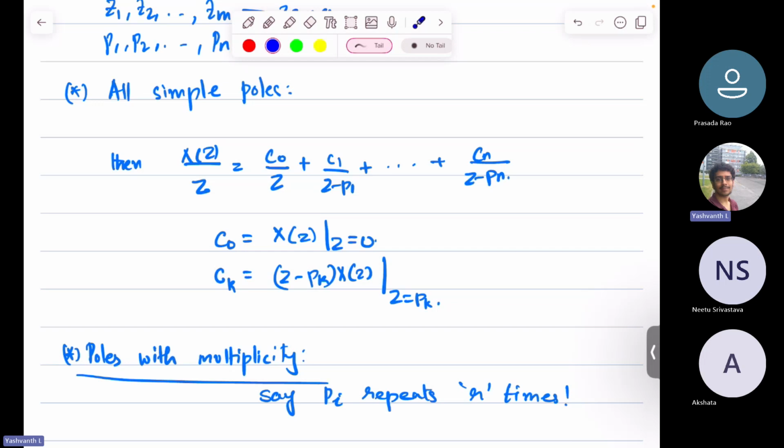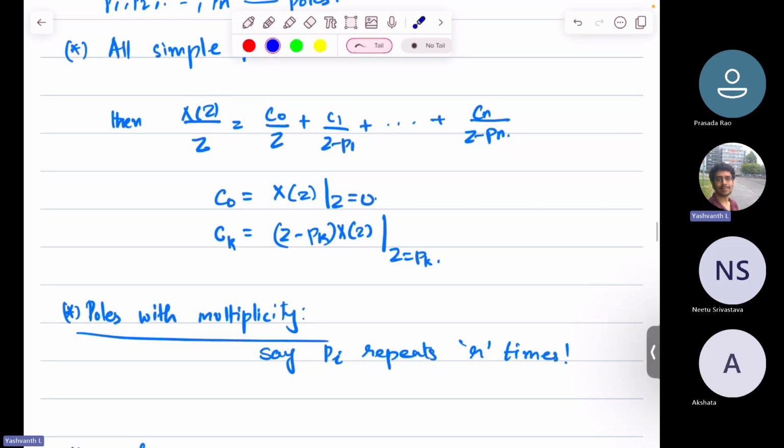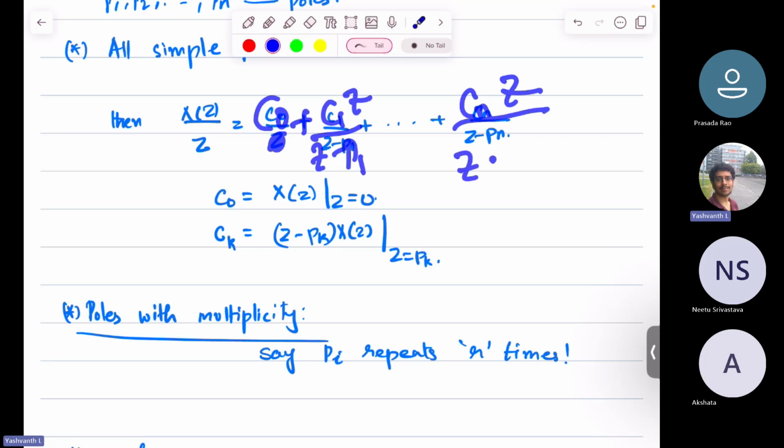Correspondingly, you compute all your coefficients c naught, c1, and so on till cn. Then you multiply both sides with z after you compute your c1, c2, and this z will go off. It is just c naught plus c1 z by z minus p1, and so on to cn z by z minus pn.